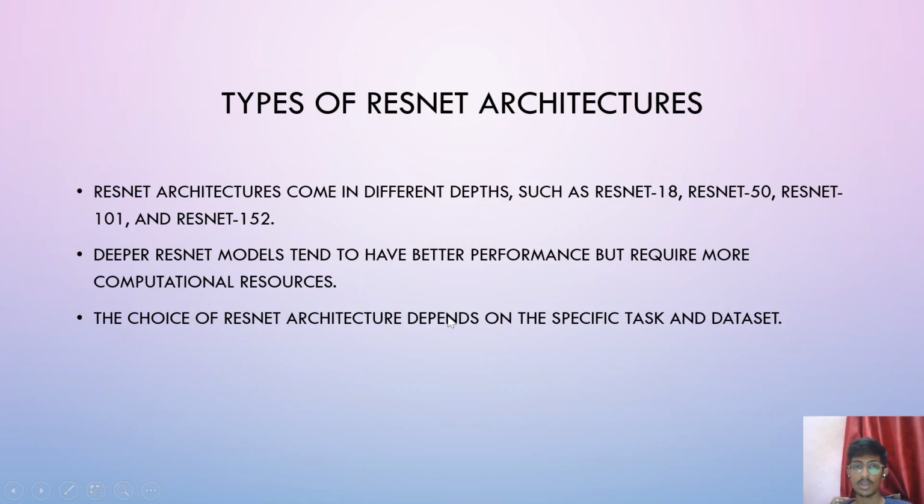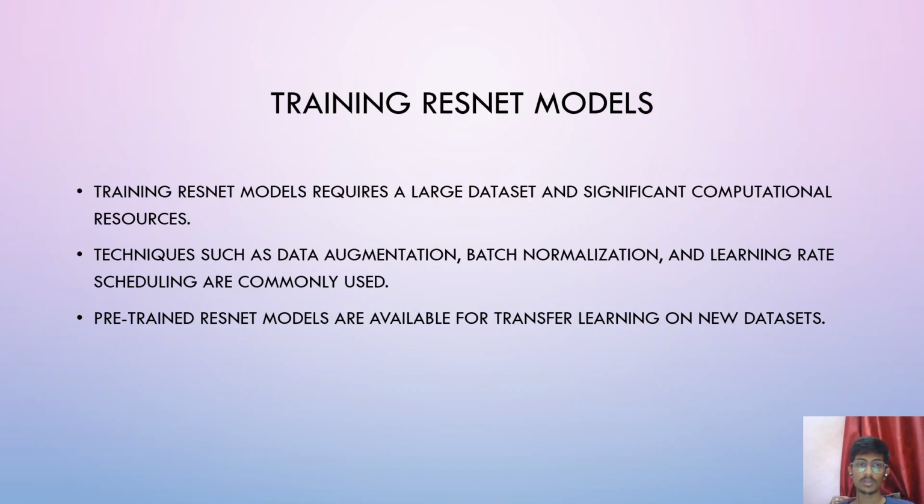Coming to training ResNet models, training requires a large dataset and significant computational resources. Why a large dataset, you might ask? Obviously if you want good performance, a large dataset is compulsorily required. Even though it has very deep hidden layers, it can easily process datasets no matter how large. Techniques such as data augmentation, batch normalization, and learning rate scheduling are commonly used.